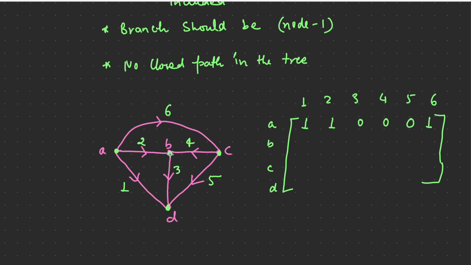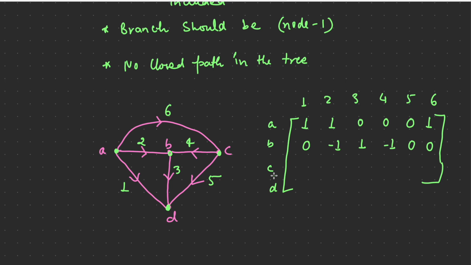Same way we'll write for node B. Branch 3 is going out and branches 2 and 4 are incoming. So for branch 3, which is going out, it should be positive 1. Incoming branches are 2 and 4. So here we will be writing -1 and -1. The other 3 branches are not incident on node B. So it will be 0 for 1, 5 and 6.